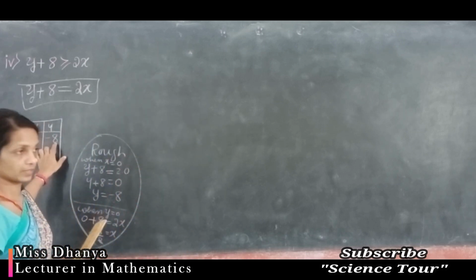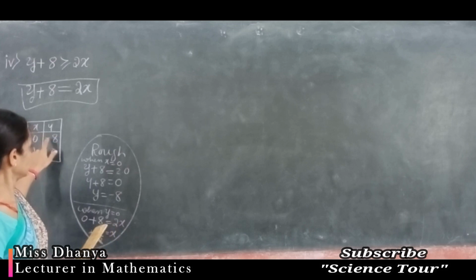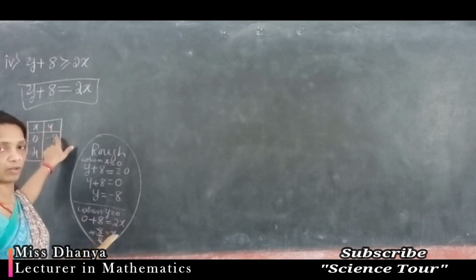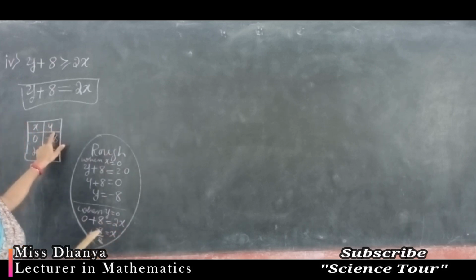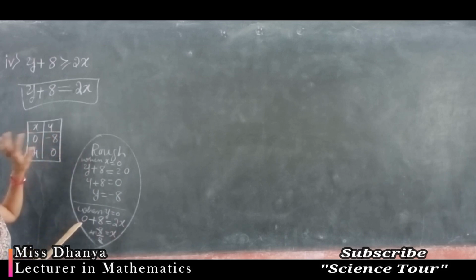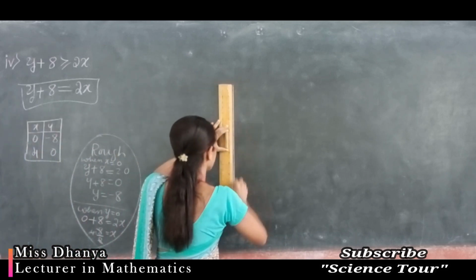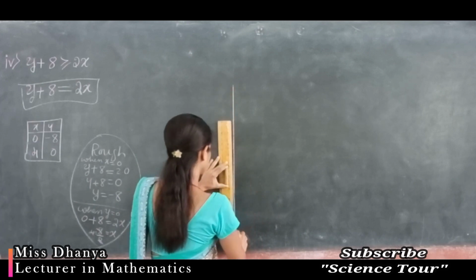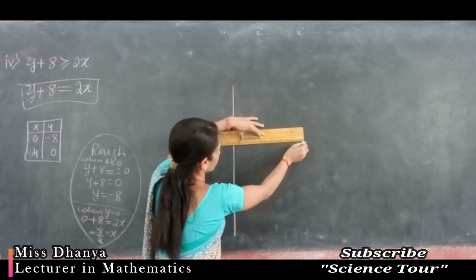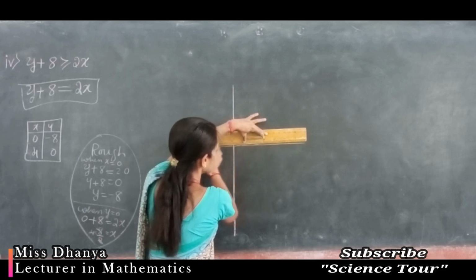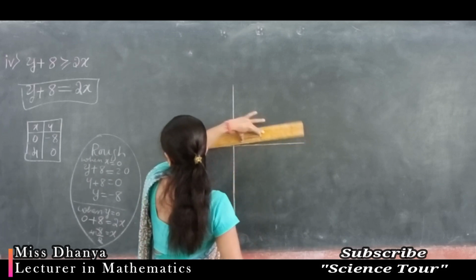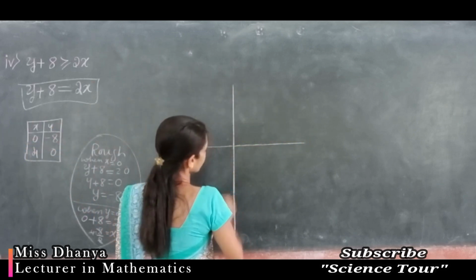Here you have minus 8, a negative number, in the y column. So on the y axis you need up to minus 8. Now draw both the axes. You need up to minus 8 on the y axis and up to 4 on the x axis.